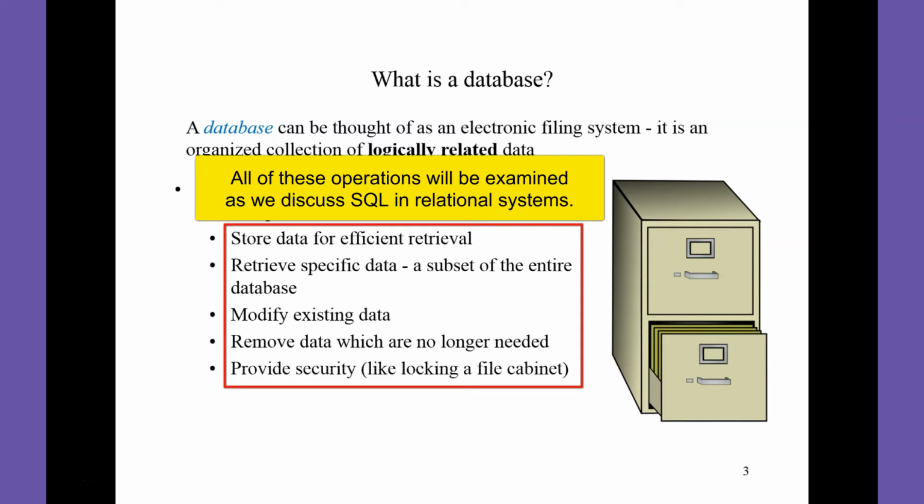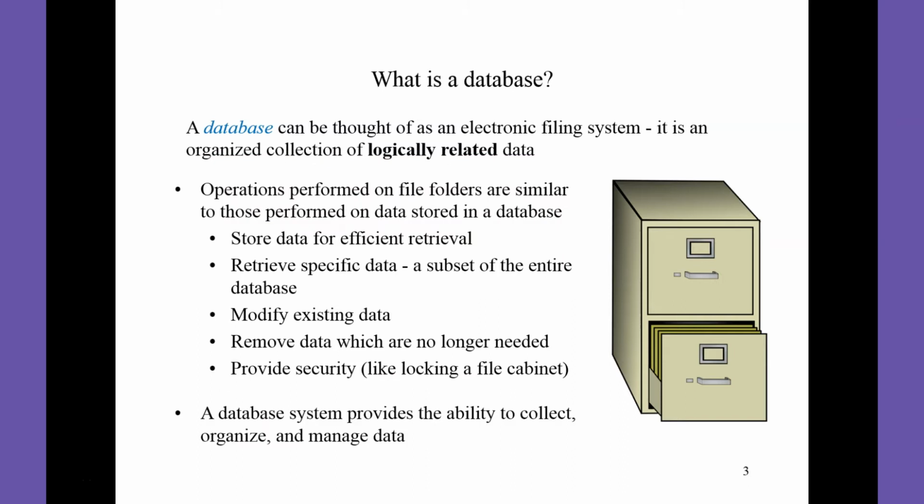Additionally, to protect the privacy of the data, we can lock the file cabinet. Well, we have security mechanisms as well that can be employed in the database to preserve the privacy and the integrity of the data. A database system provides the ability then to collect, organize, and manage data.